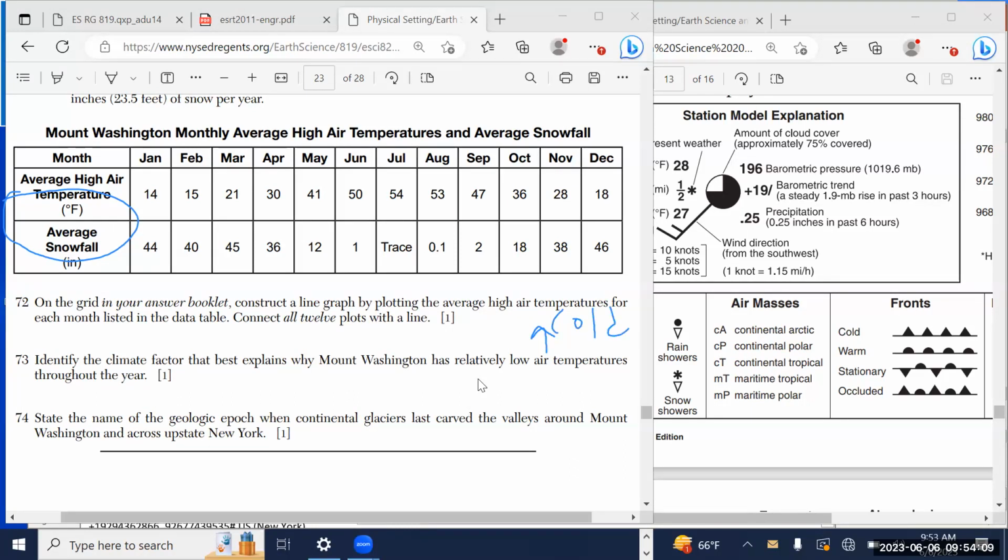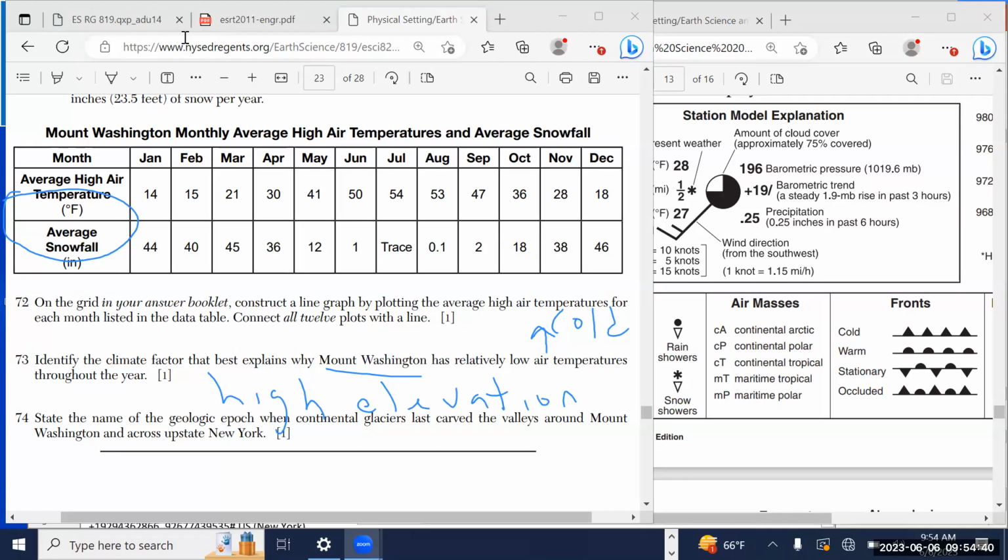Why is it that Mount Washington has cold temperatures throughout the entire year? Well, Mount Washington is a mountain. And what do we know about mountains that contributes to having cold temperatures? It has high elevation. If you said high elevation, if you said high altitude, that's fine.